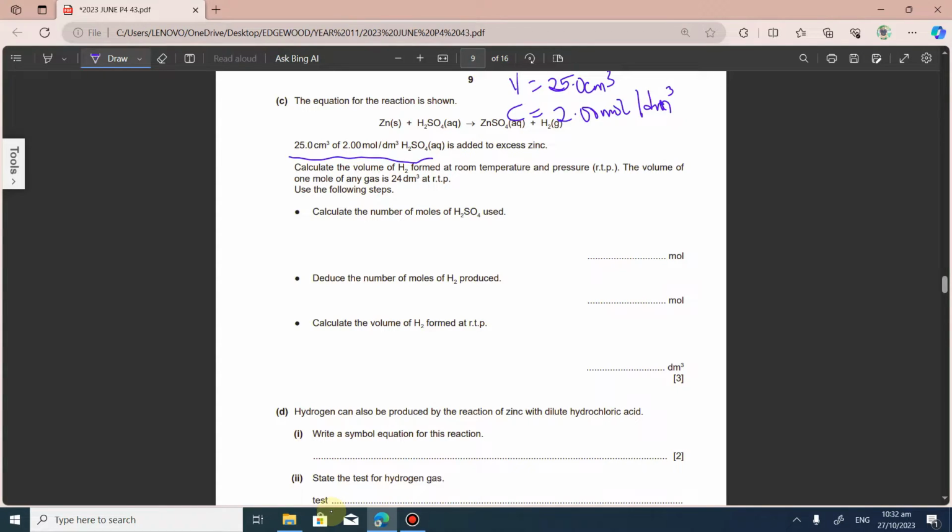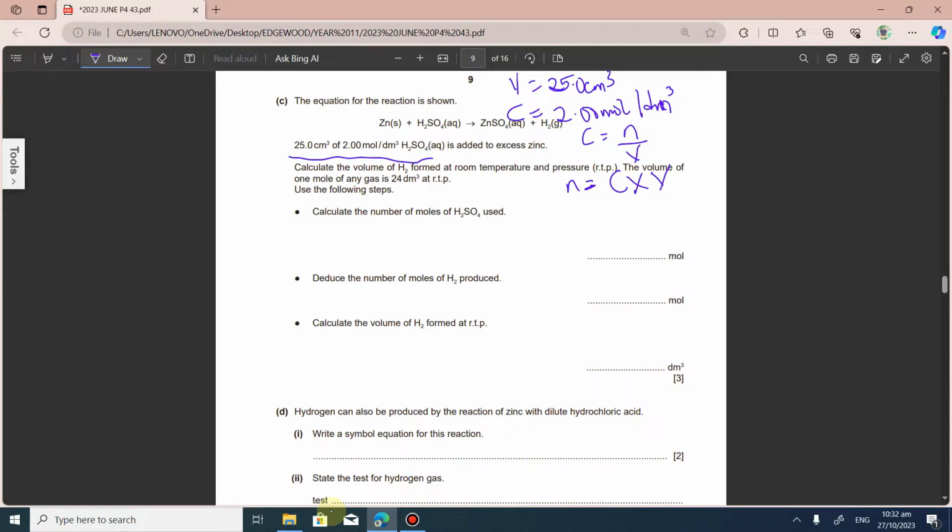Remember that the formula is concentration equals number of moles divided by volume. So we cross multiply, and the number of moles will be concentration times volume.